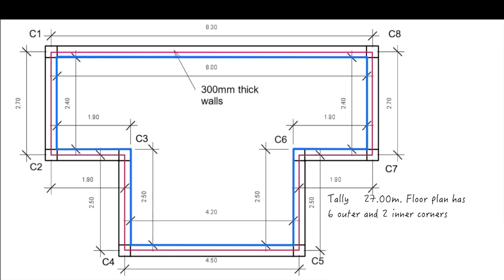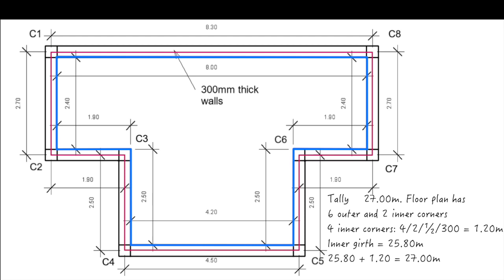So taking out the 2 inner corners gives us 4 in total, and 4 corners is the same as 4 by 2 by 1/2 by 300, which equals 1.2. Our inner girth dimension is 25.8 metres, and 25.8 plus 1.2 equals 27.00 linear metres. So our corner concept does work.